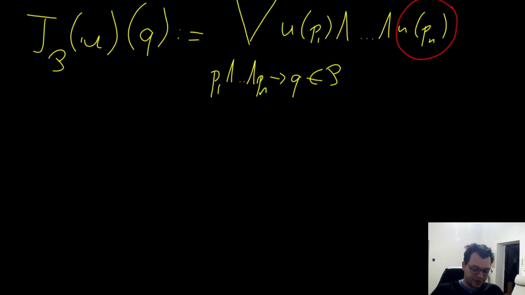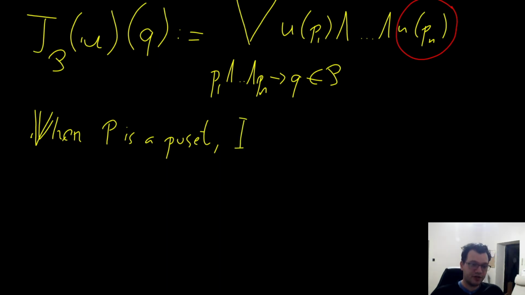So the very first basic building block is a projection. Say P is a poset, and I is some index set, like for example here we will index by the variables.